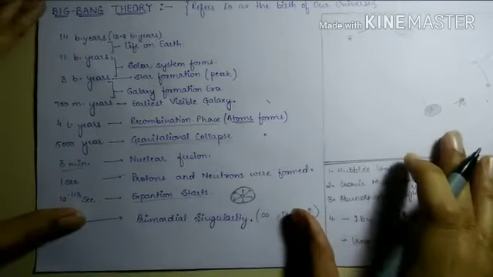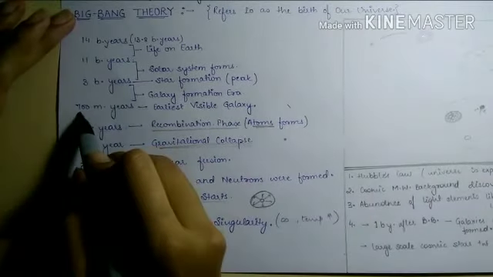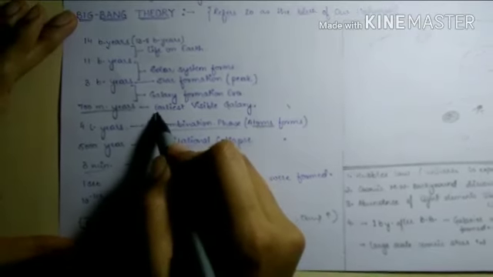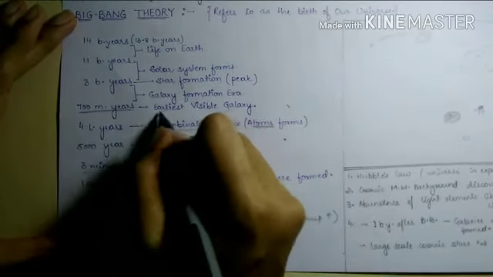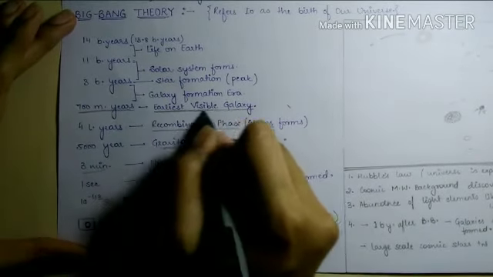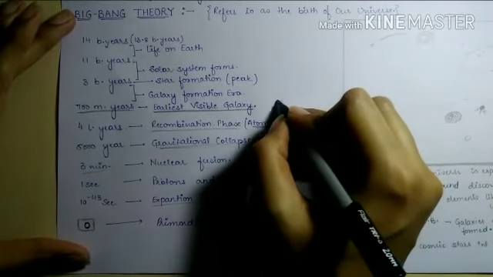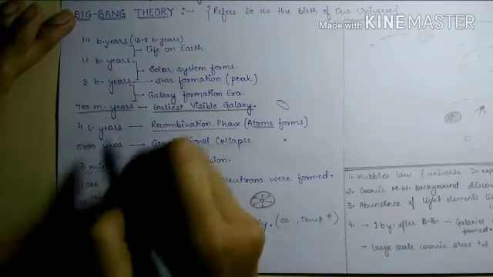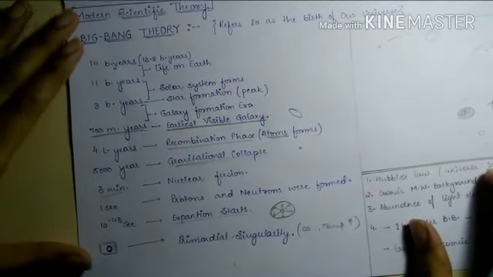And after 700 million years of this expansion, we can notice our earliest visible galaxy. So the first visible galaxy was formed 700 million years after the expansion.